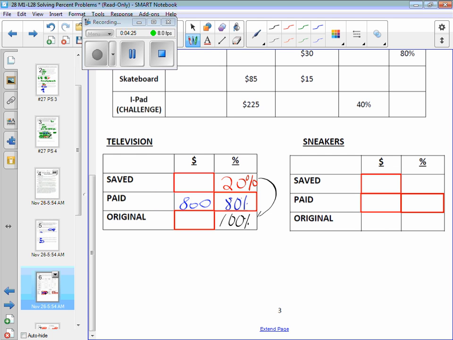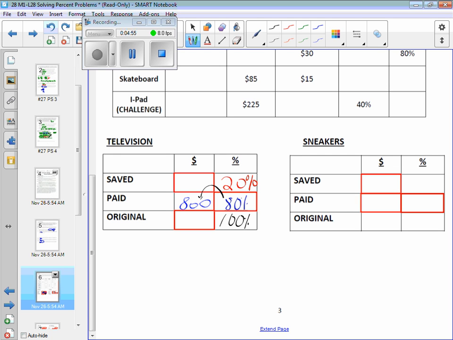You can't connect here. It's times 5, but I have 2 missing values, so I can't use that. Anthony, what can you connect? We can connect 80% with 800. You could go this way if you wanted to.